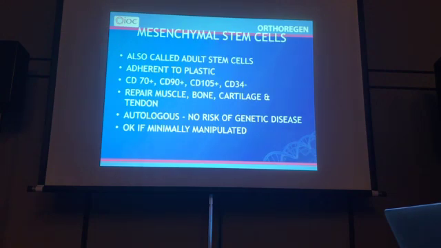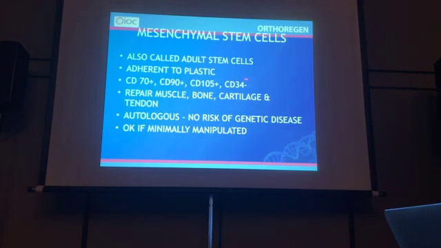I told you I was going to talk more about mesenchymal stem cells. They are also called adult stem cells. They are adherent to plastic, and it's easier for you to sort them, to separate them, and then you can culture them on the plastic. They usually express this cluster of differentiation, which is a protein on the surface of the cells, CD44, CD90, CD105, and they do not express CD34.